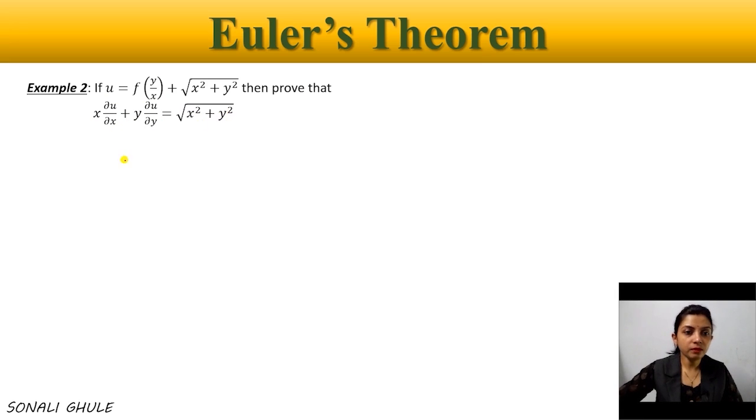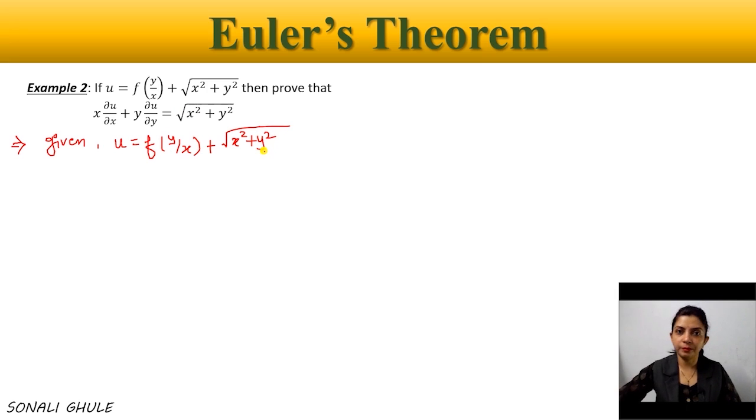Okay. Now see here. What is given to us? Already this kind of example we have solved in the previous lecture. u is equal to f of y upon x plus root x square plus y square. Okay.